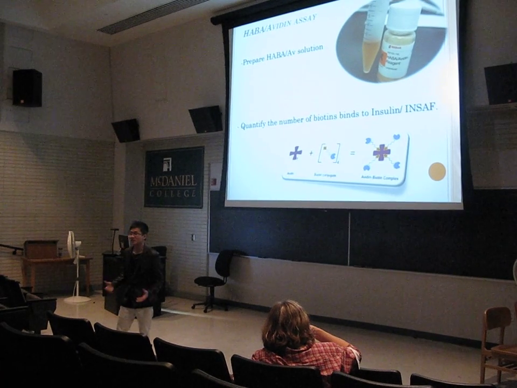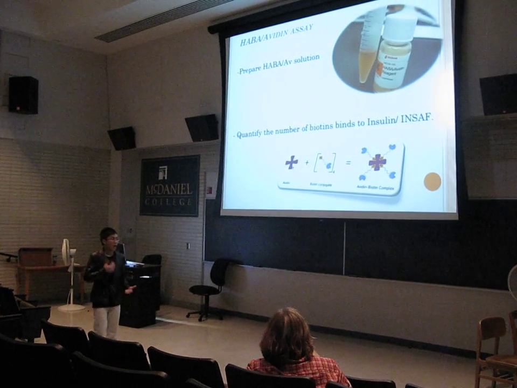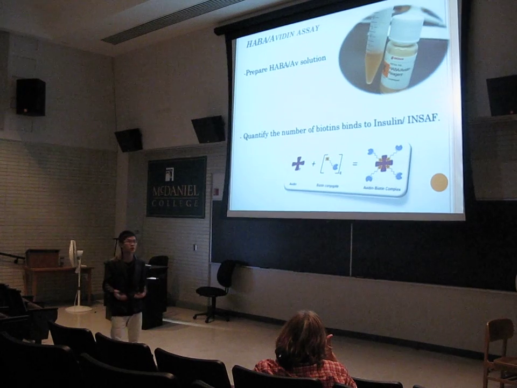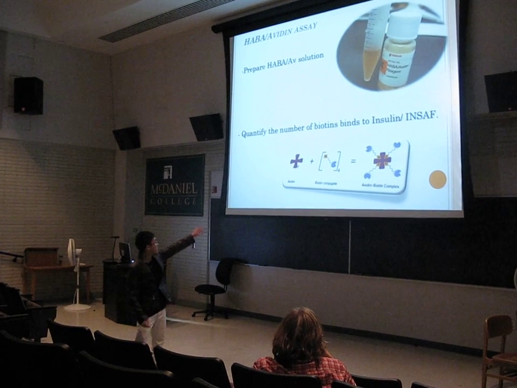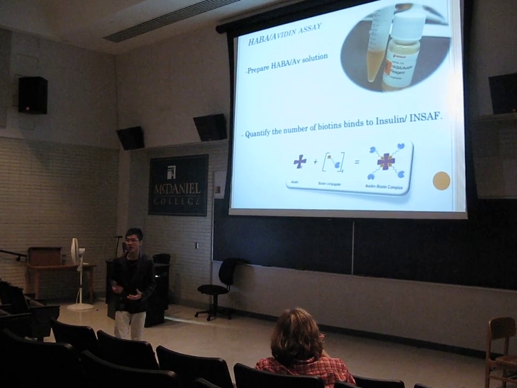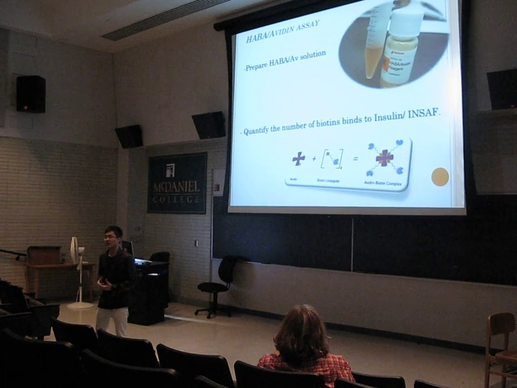The final task is to conduct the HABA assay and to quantify the number of biotin that bind to the fibril. On binding to the streptavidin, biotin will displace the HABA out of the complex, and this event results in a significant decrease of the absorbance at 500 nanometers.